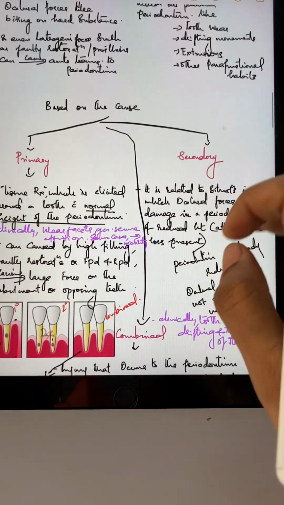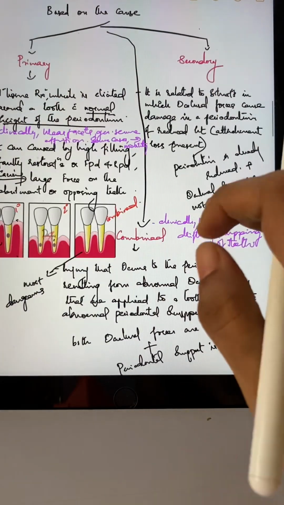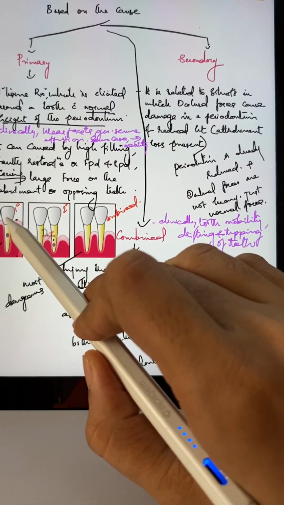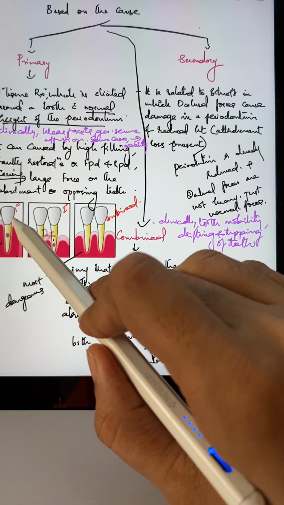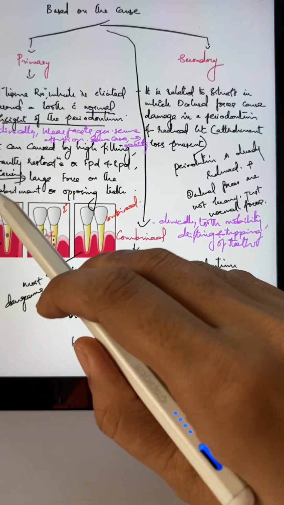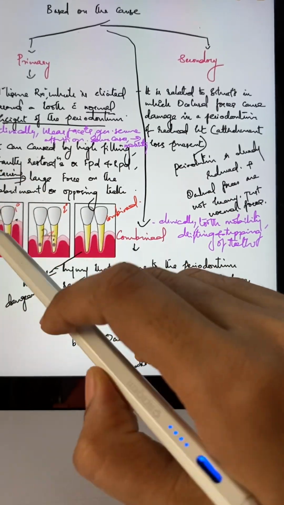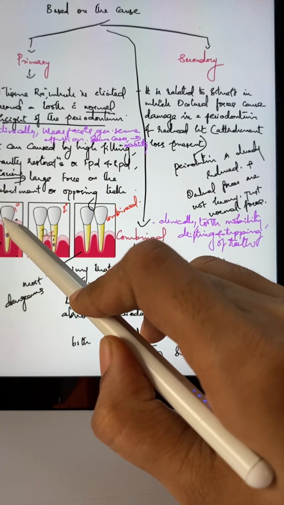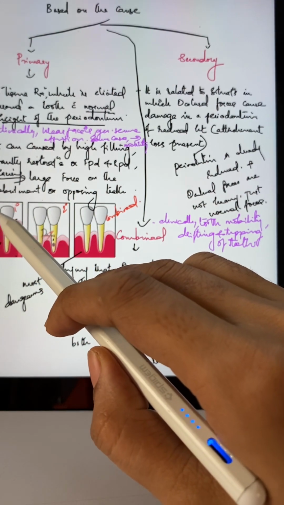Then based on the cause, it is divided into primary, secondary and combined. Primary means the height of the periodontium is normal, nothing has happened to the periodontium, it is not weak and everything is super fine. In that case, as I just told you, if a faulty restoration or high points or any sudden force is applied onto the tooth surface, this is called primary traumatic occlusion.